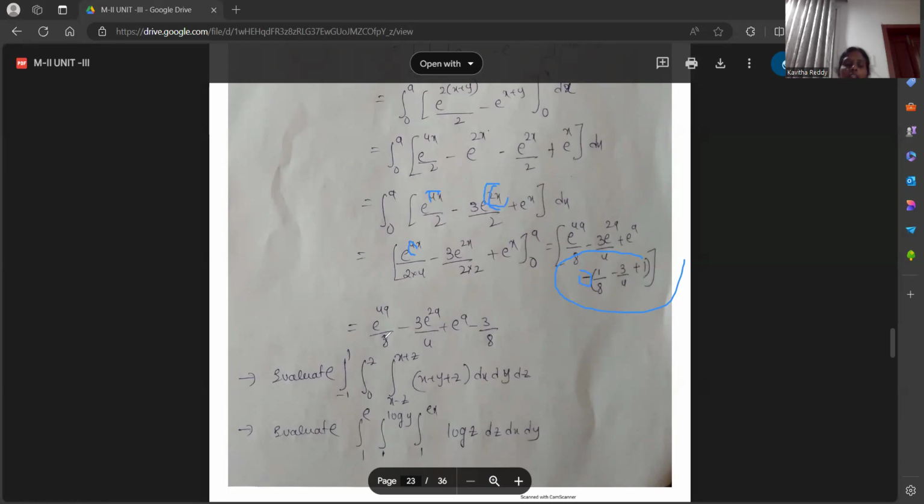Then you'll get the answer: e power 4a by 8 minus 3 e power 2a by 4 plus e power a minus 3 by 8 is the answer for that particular triple integral.